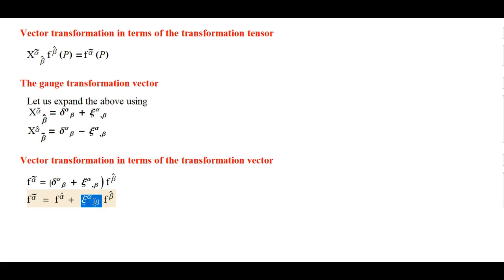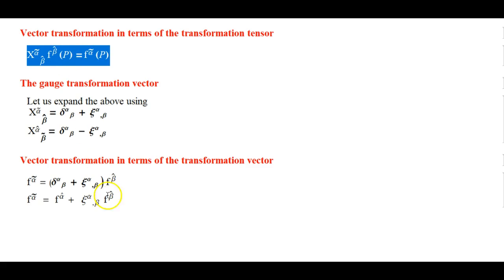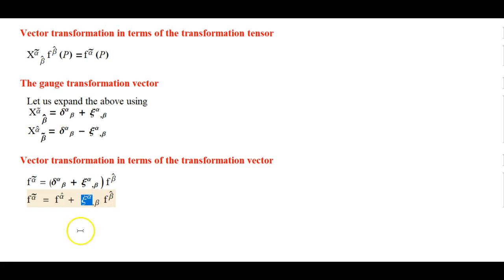In the next lecture, I am going to show you similar equations for the corresponding tensor transformation expression, in which we are transforming tensors from one gauge to another gauge in terms of this xi alpha. Okay, see you next time.